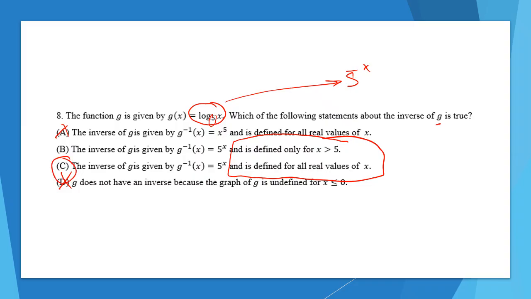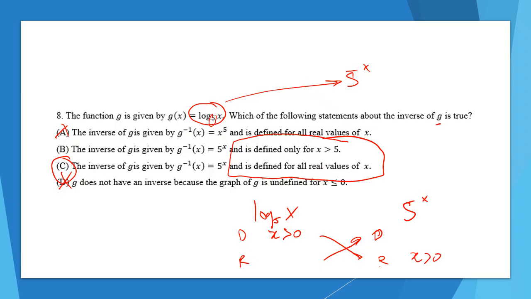But you could also get this by taking log base 5 of x. If we find the domain and range, and then you find the inverse, remember the domain becomes the range, and the range becomes the domain for the inverse. So for a log function, x has to be greater than 0. That's going to become the range.